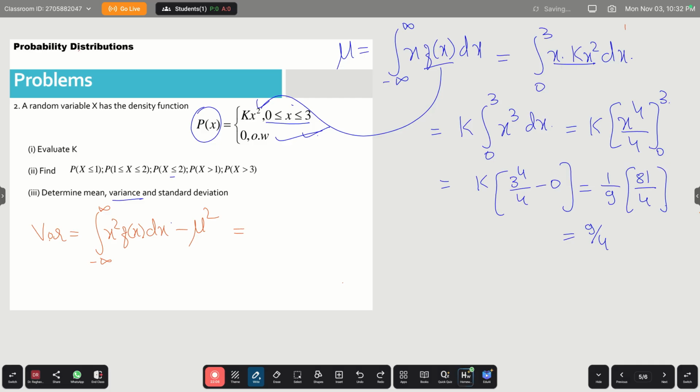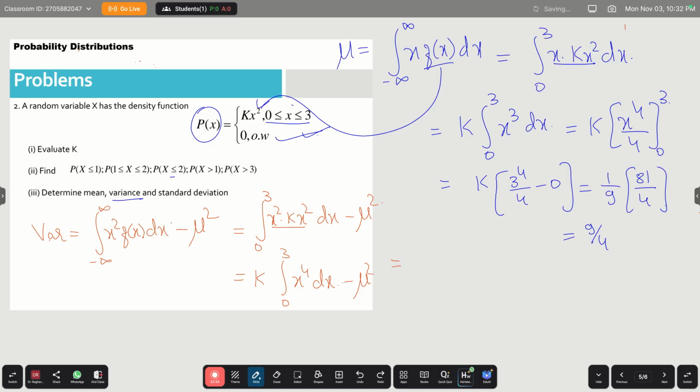With a similar argument, it will not be minus infinity to plus infinity; instead it will be 0 to 3. And x square multiplied by kx square, since f of x is kx square, dx, minus mu square. k is taken out, 0 to 3, x square into x square is x power 4 dx, minus mu square.